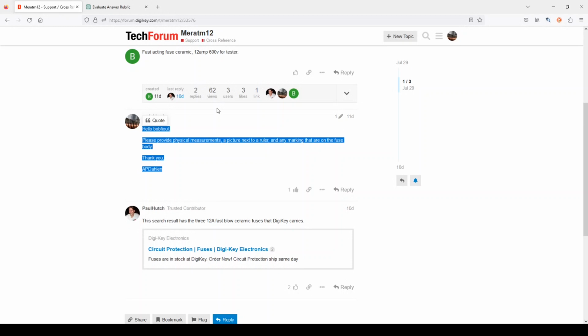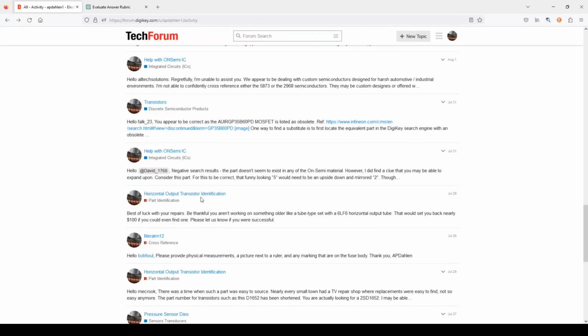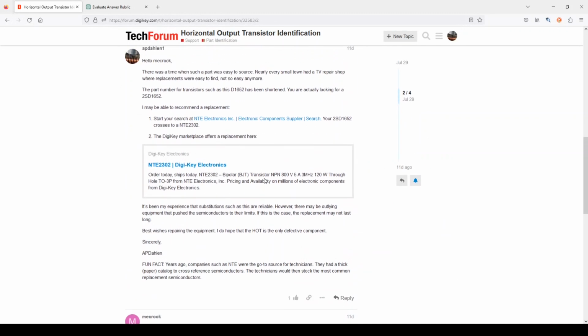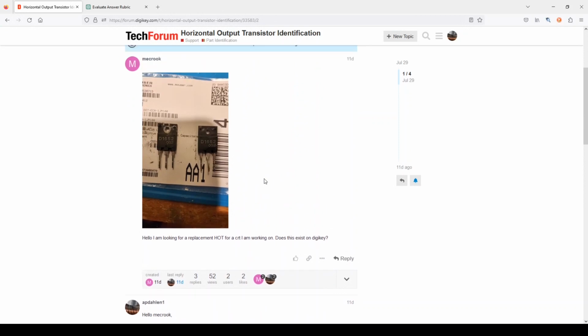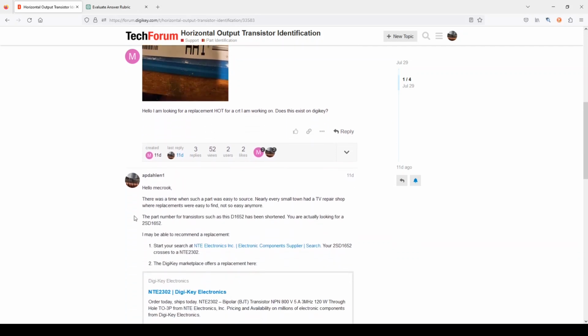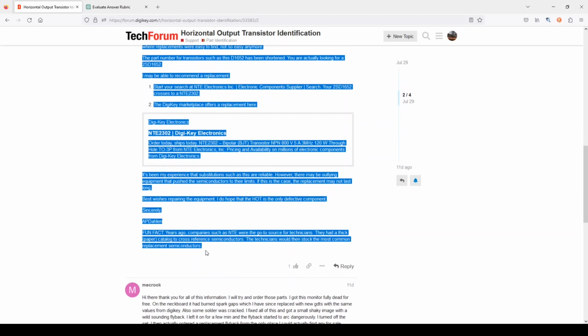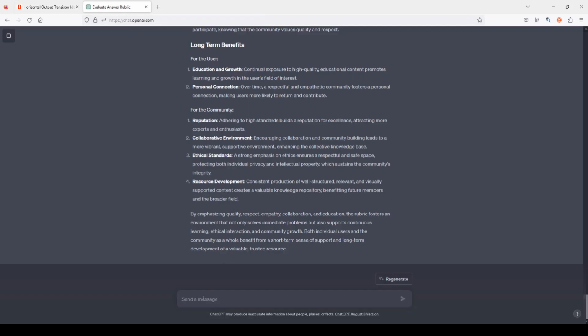Going back to the forum, let's look at one more. So in this particular example, the user has asked about these horizontal output transistors for an older CRT-based monitor, and I provided this answer. And let's see what the rubric says.